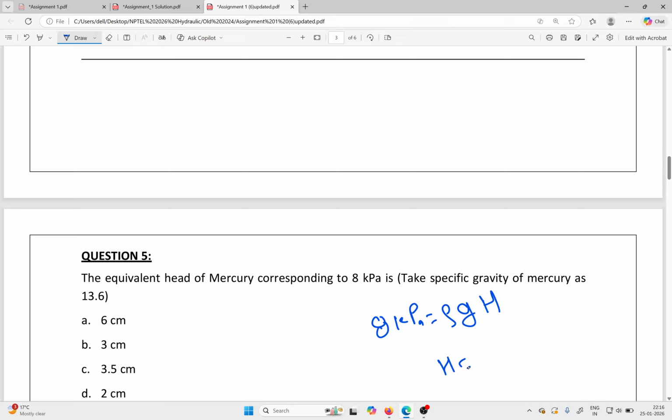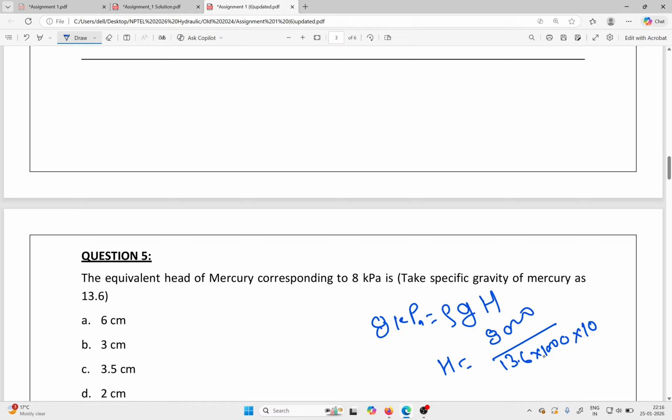So here you need to calculate the h. So 8,000 I am writing in the Pascal, and the specific gravity of mercury is 13.6 already given. You need to multiply it with 1,000, then you will convert the specific gravity in terms of your density of mercury.